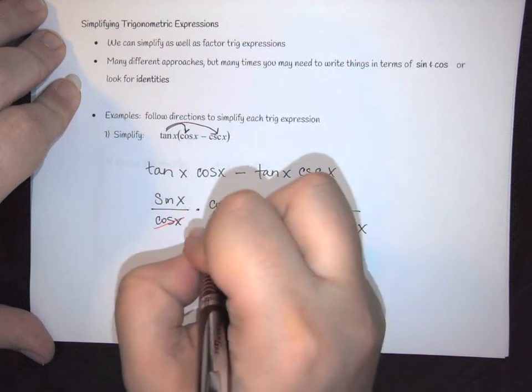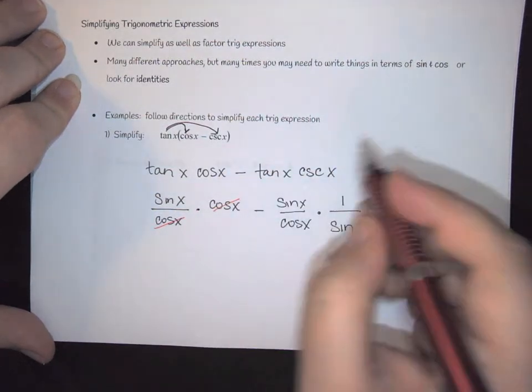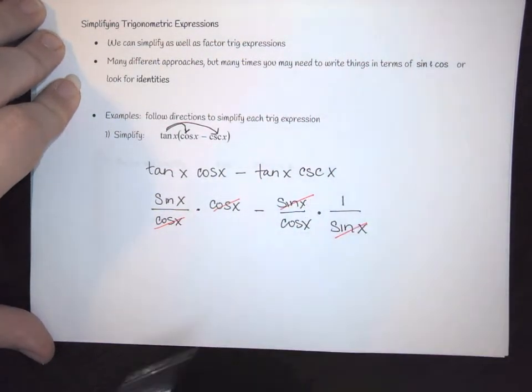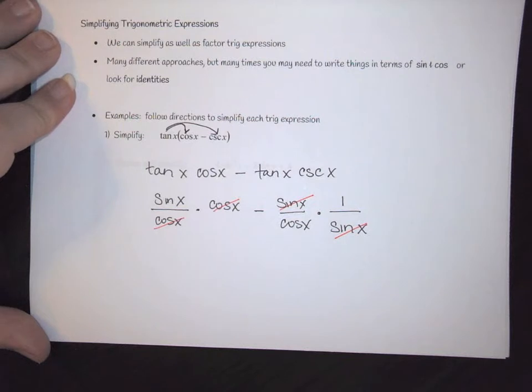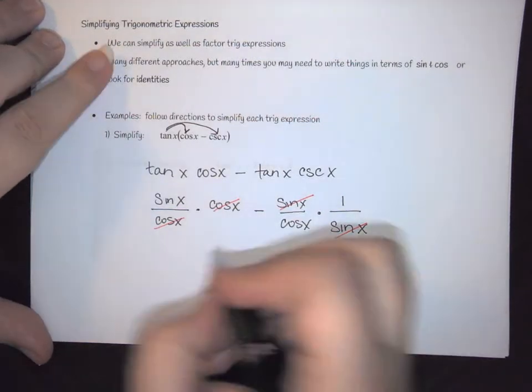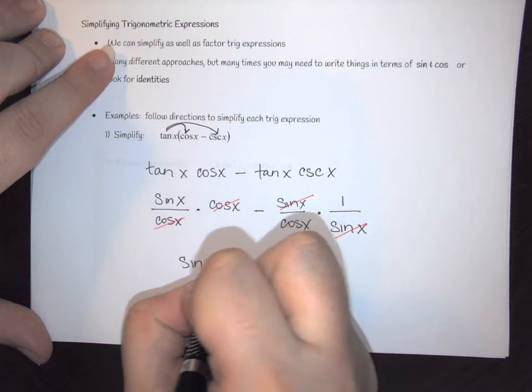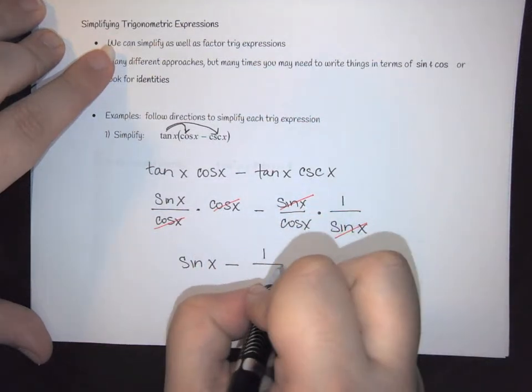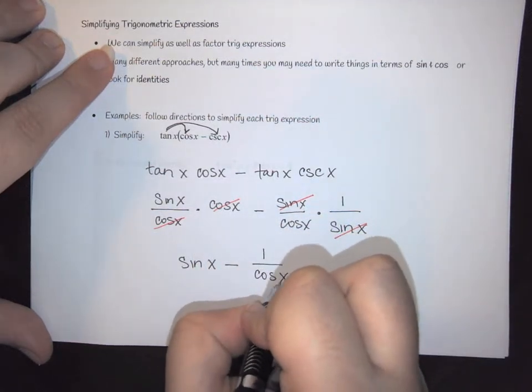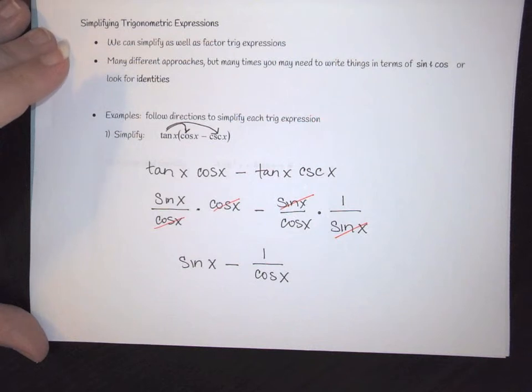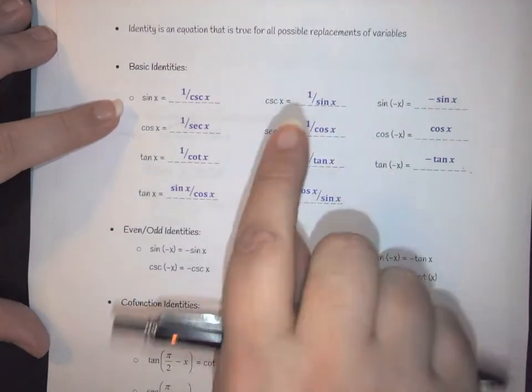I've got cosine top to bottom, and I have sine top to bottom. So when I do that, what's going to be left is sine of x minus 1 over the cosine of x. However, we know that that can be rewritten.